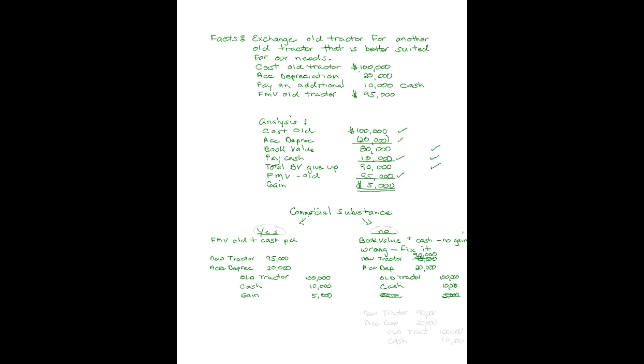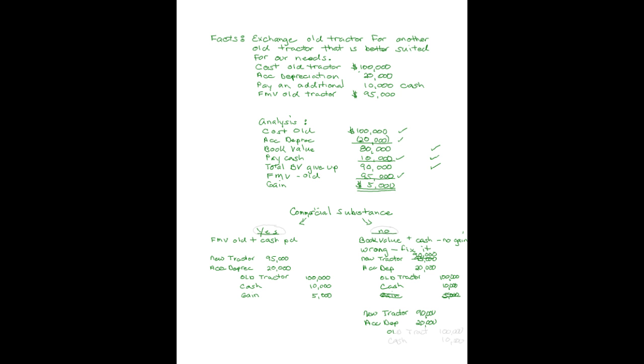So that fixes the old journal entry, and the way that it really should look would be, you would show the new tractor with the gain absorbed at 90. Get rid of the accumulated depreciation of $20,000. You can't change that. It is what it is.